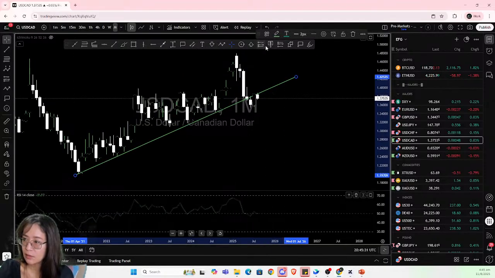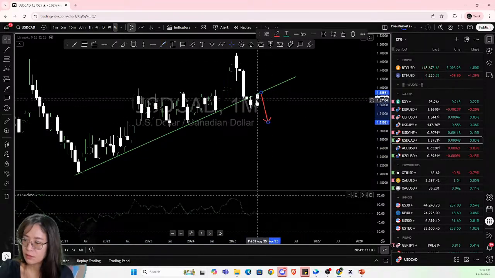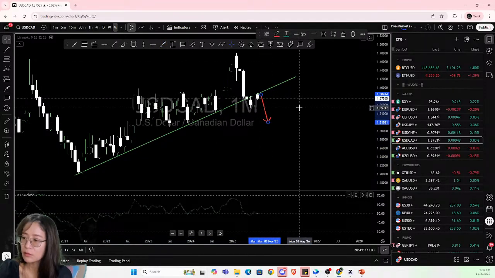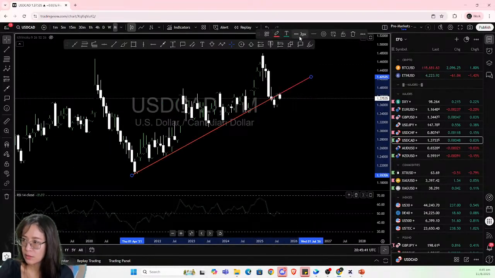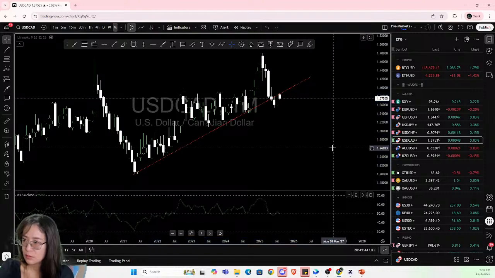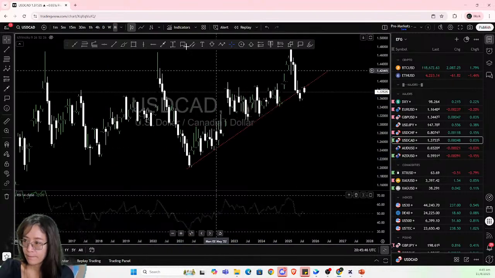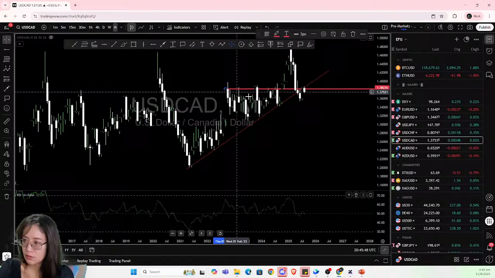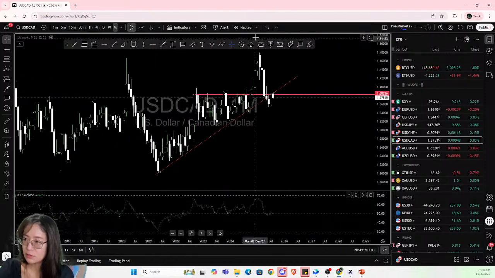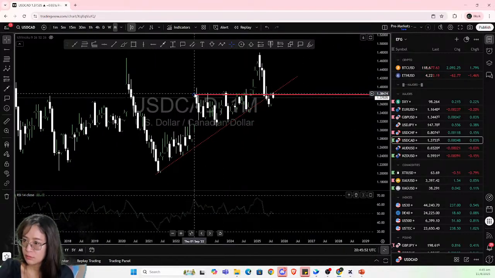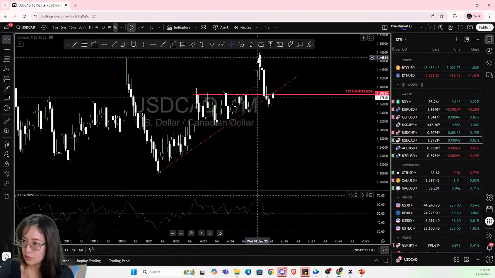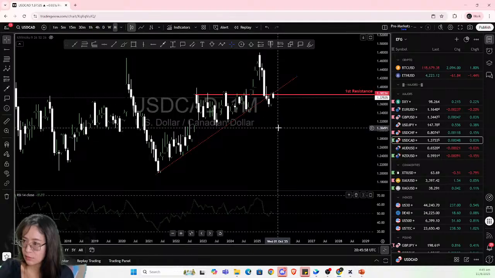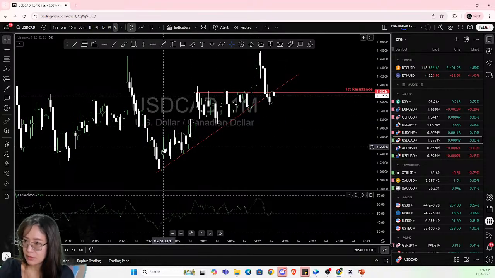They might say maybe they're going to sell off here on the breakout, and then we will change this to red. We'll say that this is the resistance: break below, rejection and falling on the monthly time frame.